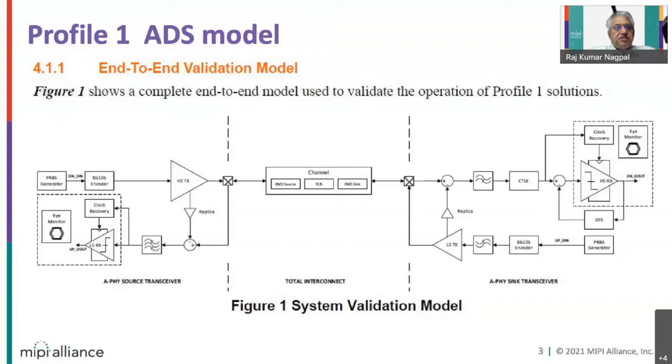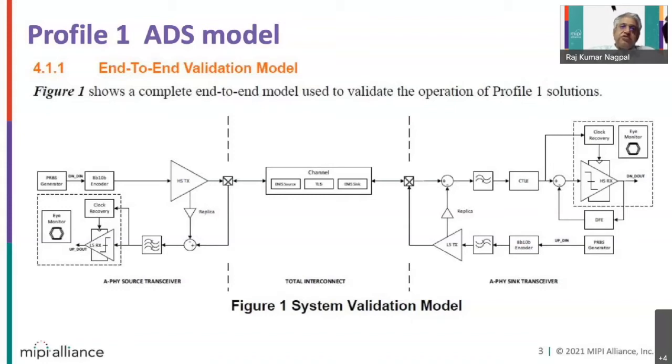The difference between these two profiles is that profile 1 is targeted for low cost applications. It is not targeted to be so strong in the EMC domain; its EMC ability is a little less compared to profile 2.